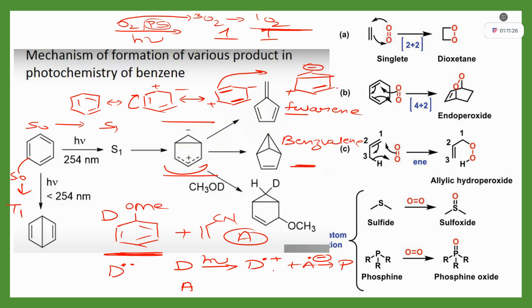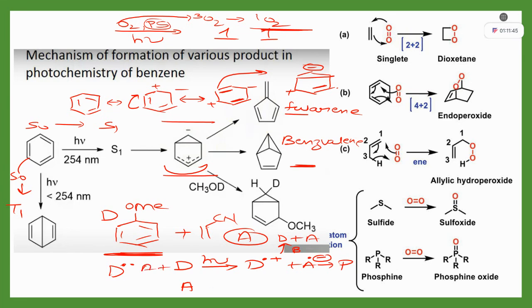So one possibility is that the donor and acceptor combine and give you product. Another is, I don't remember that term, back reaction. In that reaction your donor and acceptor will combine and again lead to formation of starting material.